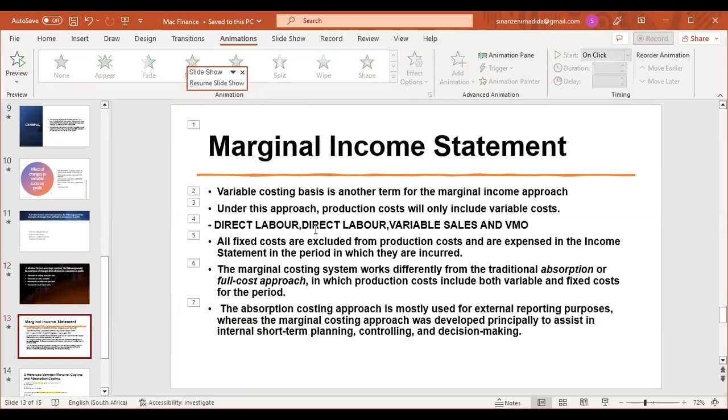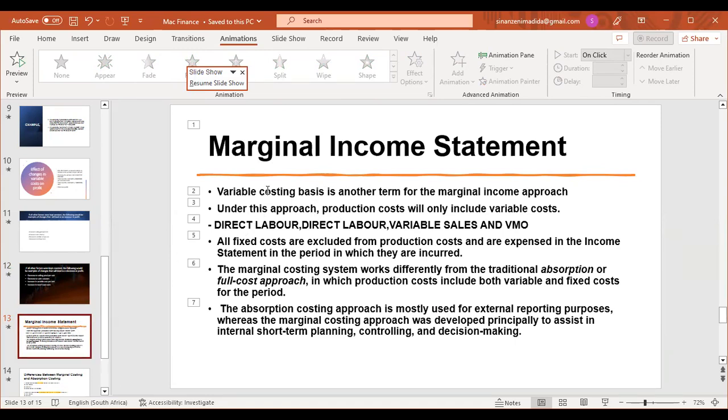We must familiarize ourselves with a marginal income statement as long as you are answering a question from the CVP. We are going to understand the marginal income statement for the rest of the evening, so that we are in a position to move on and proceed to answer question number 1 of our case study.